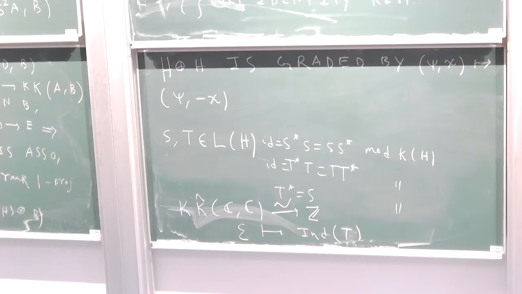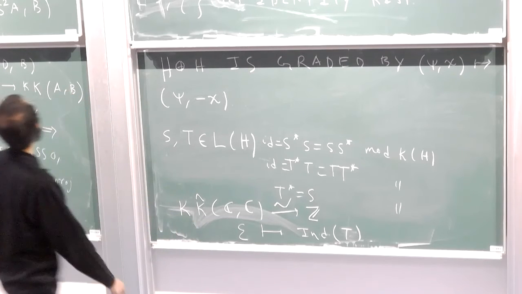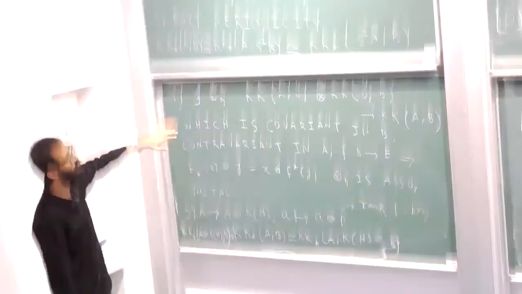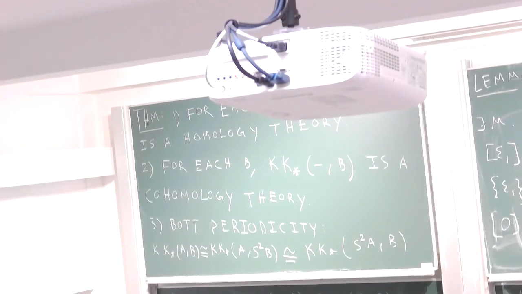It's almost from the definition that both of the bifunctors are homotopy invariant, which means that homotopies induce the same map, so I have almost the first two parts of this big theorem. Recall that to have a homology or cohomology theory, I need the exactness axiom. That would come much later on because that would require something entirely different.